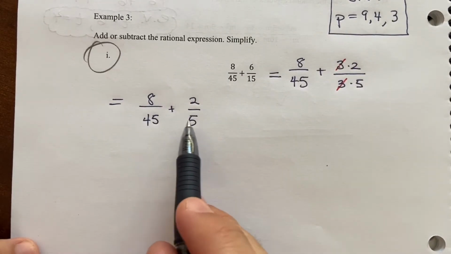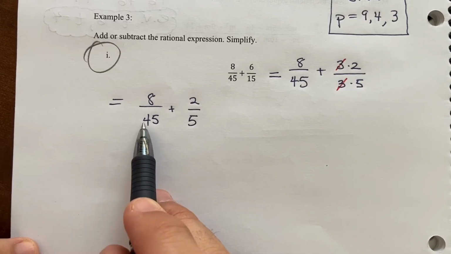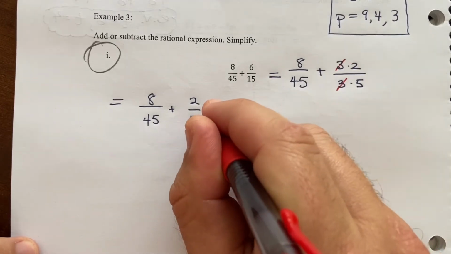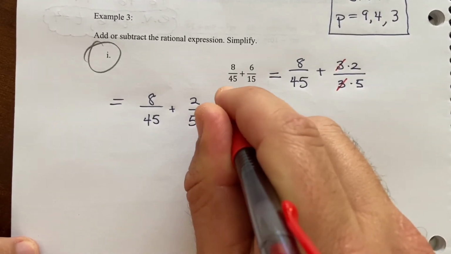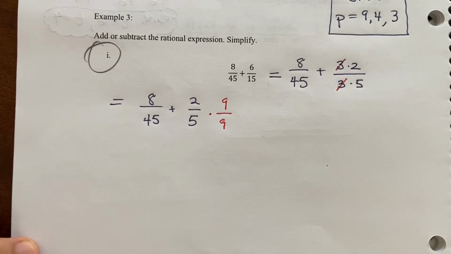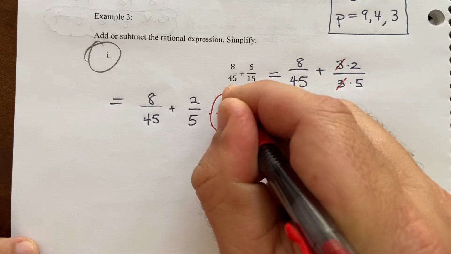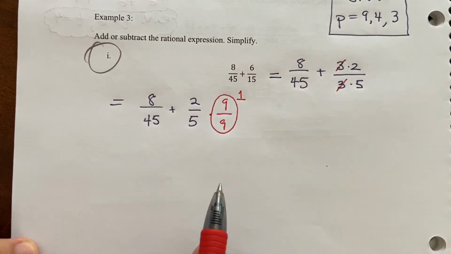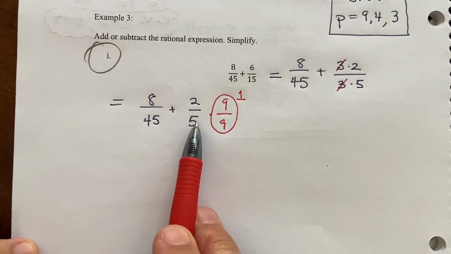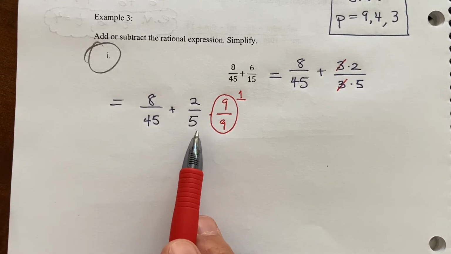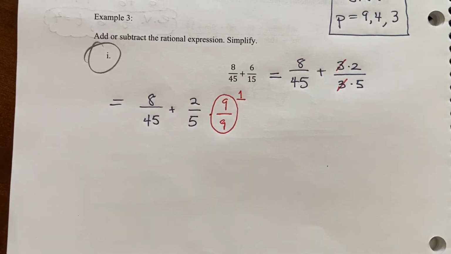So I need to build this fraction up so that it has a 45 in its denominator. Okay, so what I'll do is I'll multiply by 9 over 9. Right, this is just a strange version of 1 here. This is just the number 1. So multiplying 9 over 9 times 2/5 doesn't actually change the value of 2/5. It's still 2/5. It's just re-representing it.